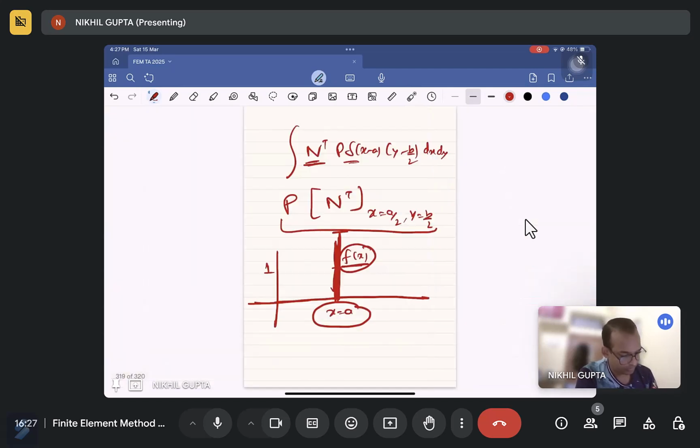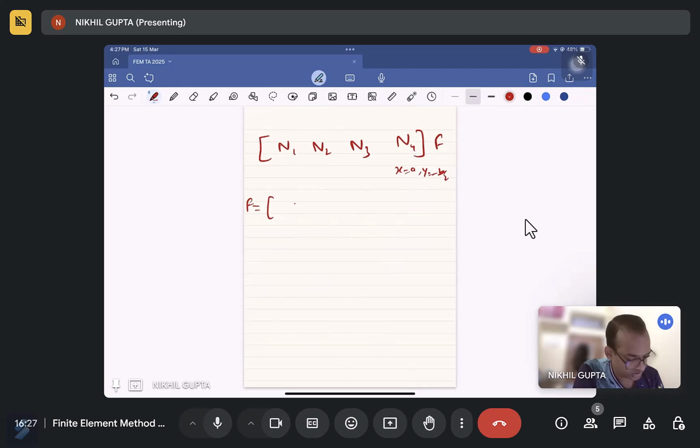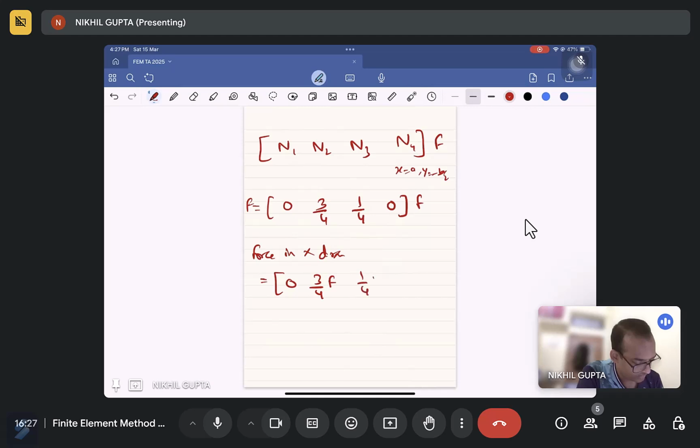So when you put the values in it, you will get 0, 3 by 4, 1 by 4 and 0 into f. So the force in x direction is 0, 3 by 4 f, 1 by 4 f and 0.